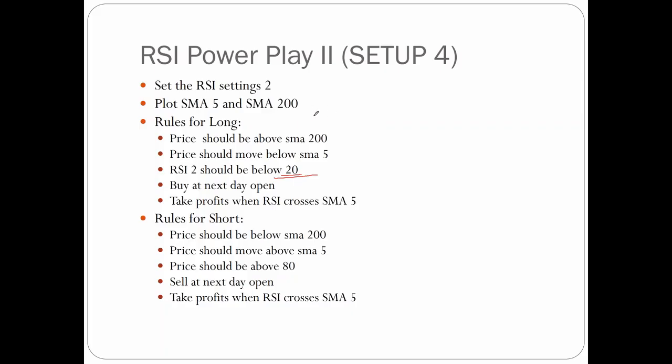If these 3 conditions are satisfied, first, price above 200 SMA, second, price below 5 SMA, third, RSI below 20, then you can buy on the open of the next day.